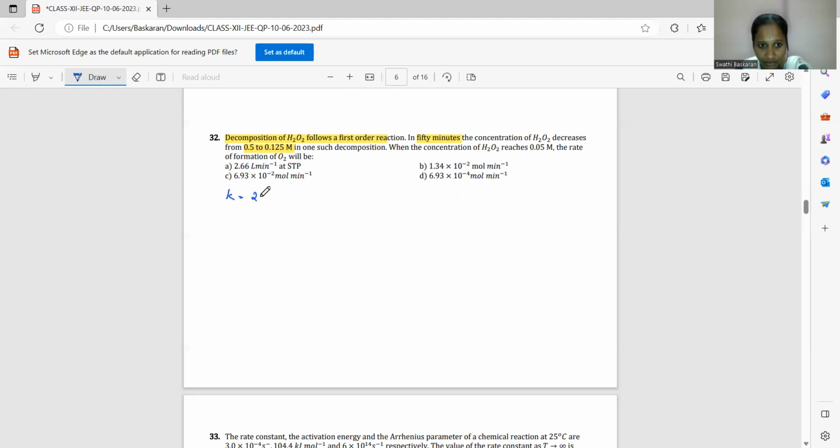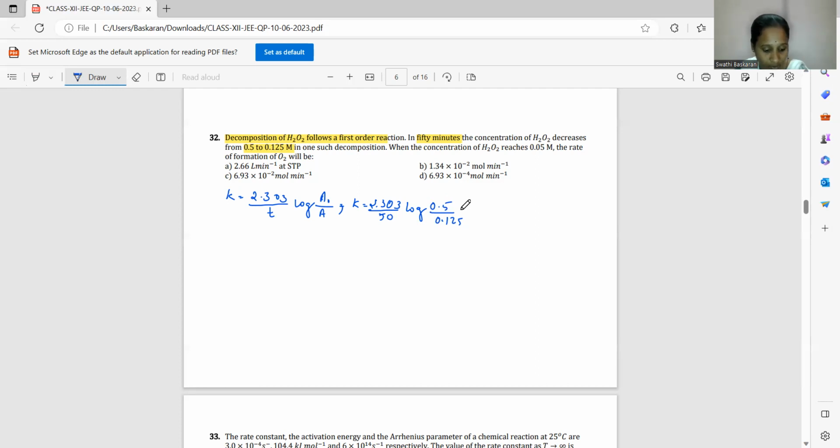K is equal to 2.303 divided by T log A naught by A. Substituting these values, you will get K is equal to 2.303 divided by the time given, that is 50 minutes, log of concentration 0.5 divided by 0.125.